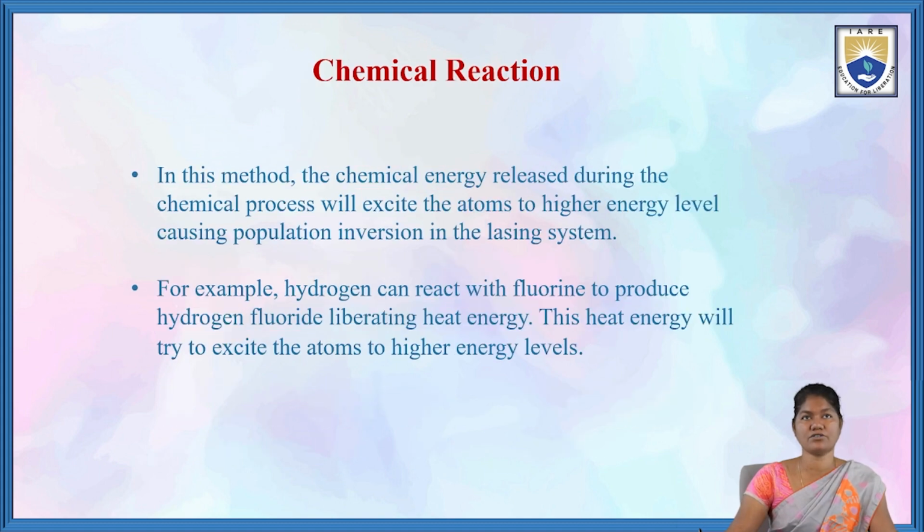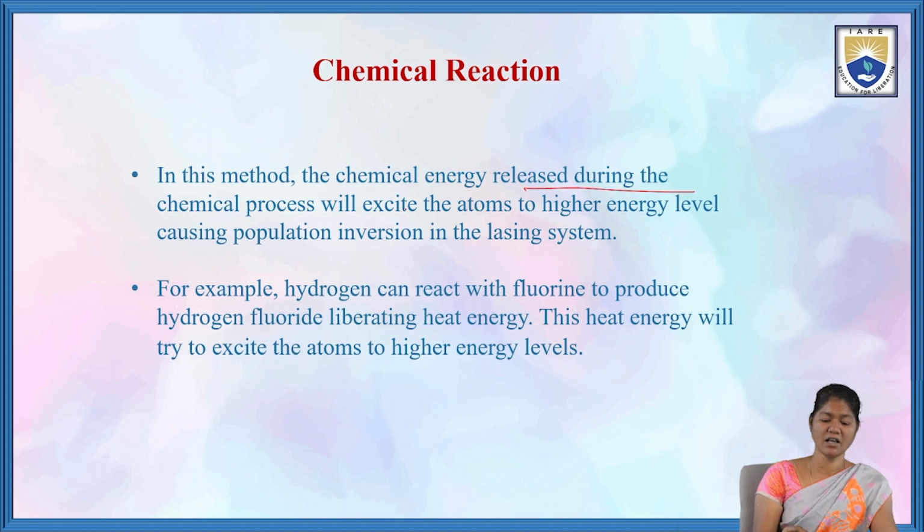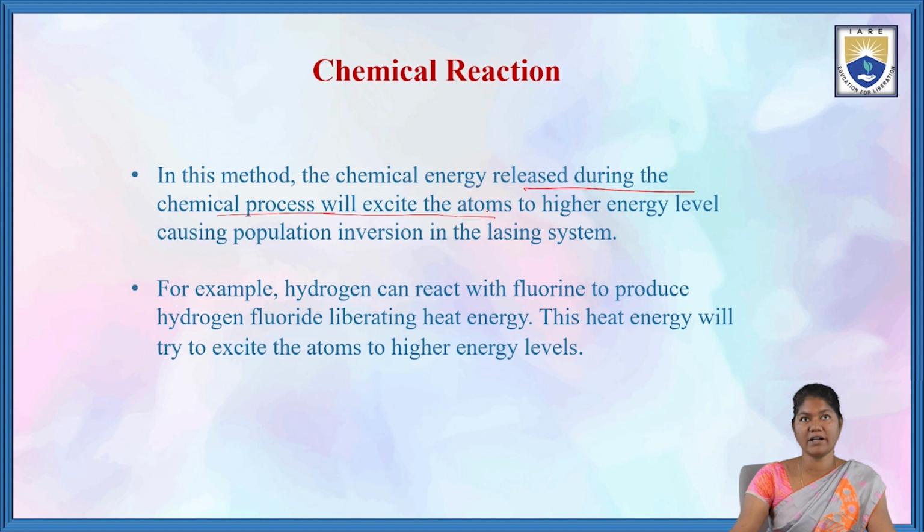Next, chemical reaction. In this chemical reaction method, energy is released during the chemical process. The atoms get excited to a higher energy level, causing population inversion in the lasing system.